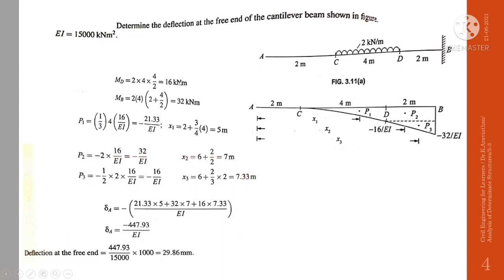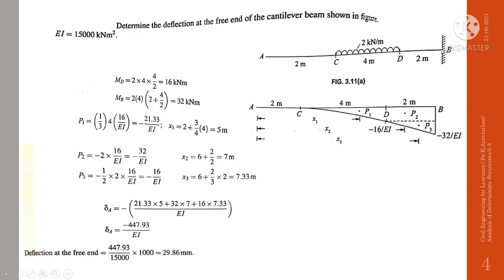If you multiply that, you will get the moment at point D, which is 16 kilonewton meter. It is written here, and there will be a curved shape between C and D, a curved parabolic shape.